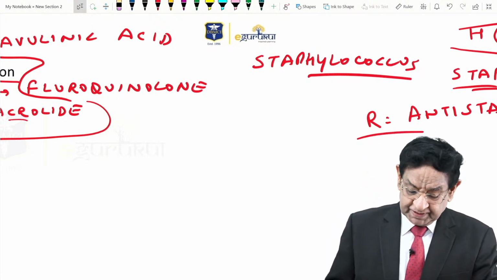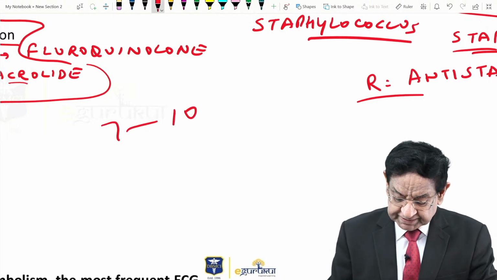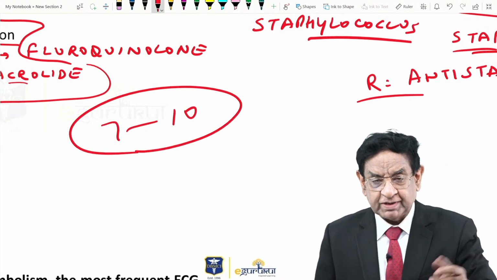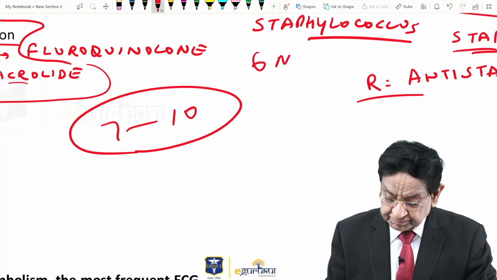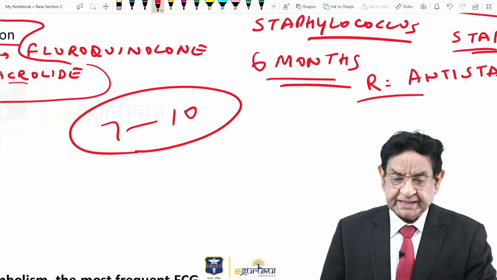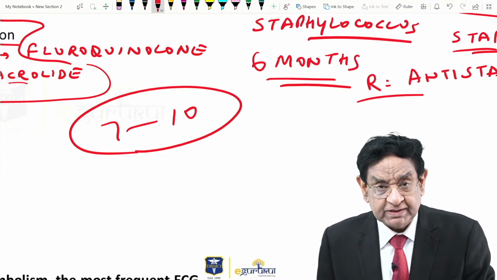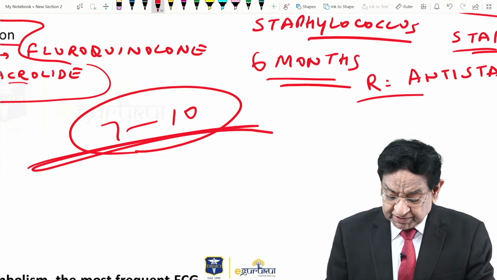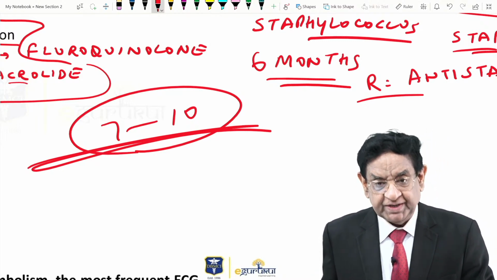Then the treatment of tuberculosis will be just 7 to 10 days. Today we are treating tuberculosis for 6 months. But later on, when the microbiology is more clear, maybe 20 years later, the treatment of tuberculosis will be just 7 to 10 days, the way we treat staph infection nowadays.